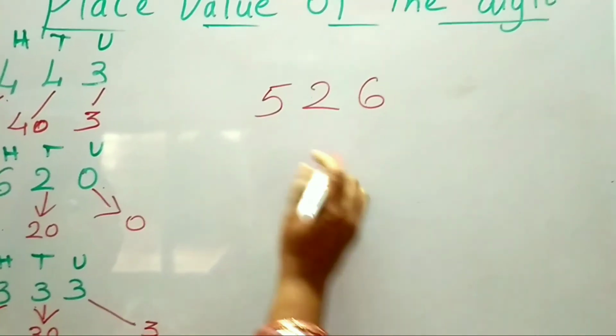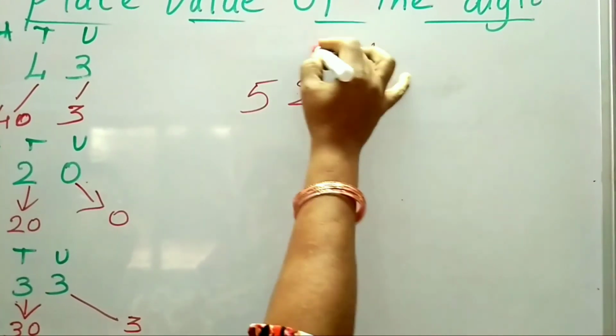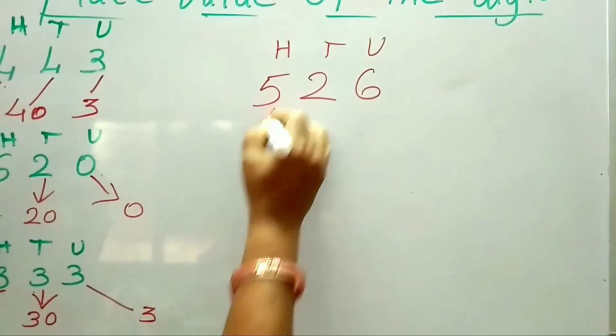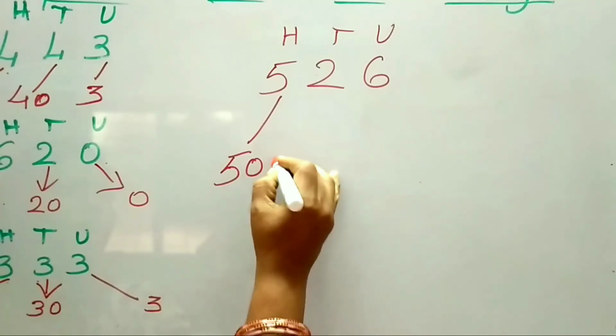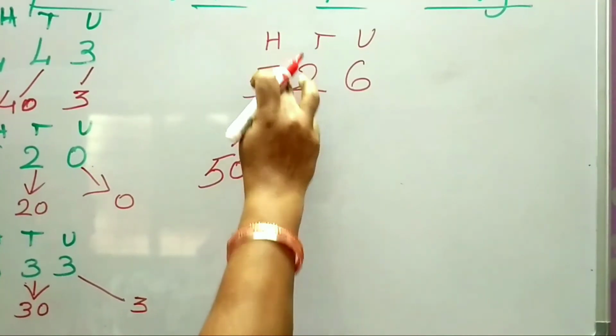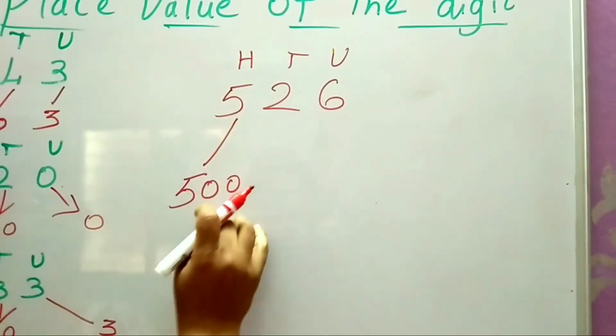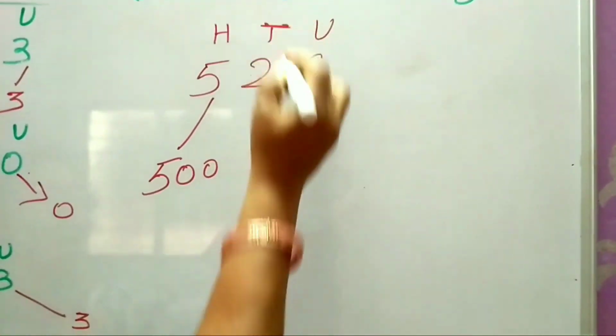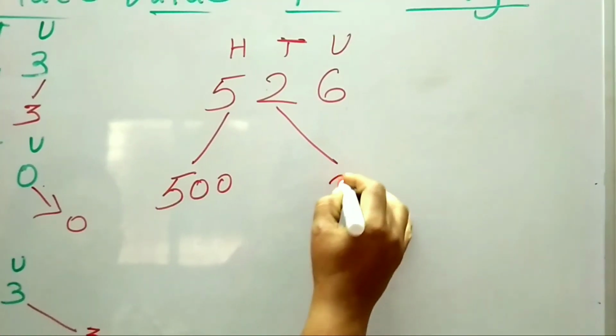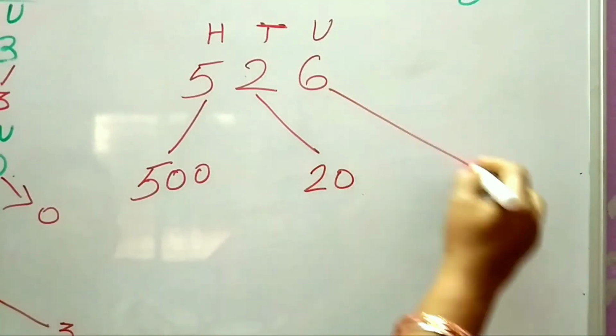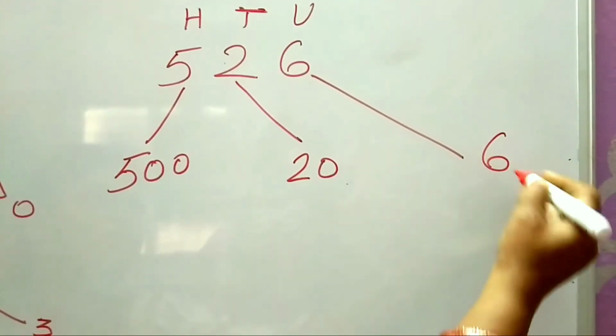So you know the place value of units, tens and hundreds. Now 5 is in the hundreds place, so value of 5 is 500. And place value of 2 in the tens place is 20. The place value of 6 in the units place is 6.